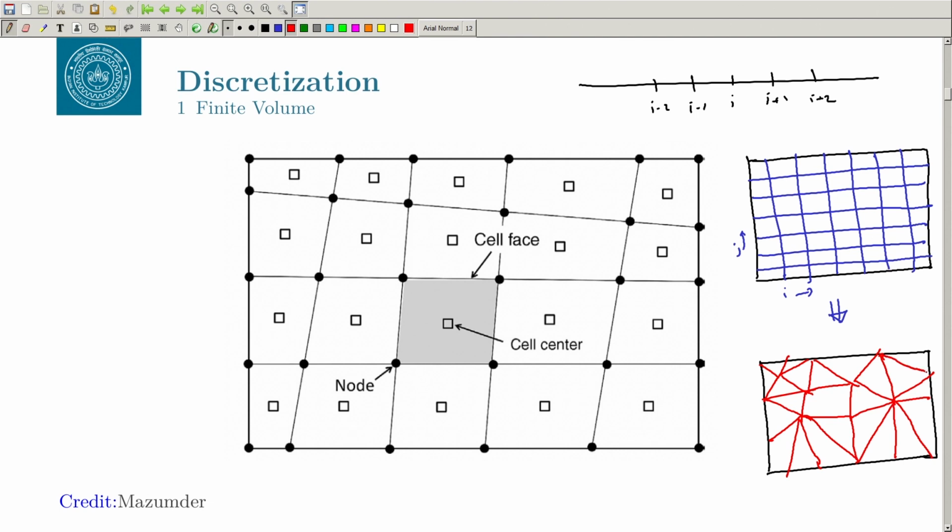But this is my grid. Of course, these are non-overlapping elements. It needs to be non-overlapping. One element cannot overlap another. So, you cannot use the finite difference scheme in this one. On top you can use the finite difference scheme here. But if you want to solve the bottom one, you have to use the finite volume scheme.